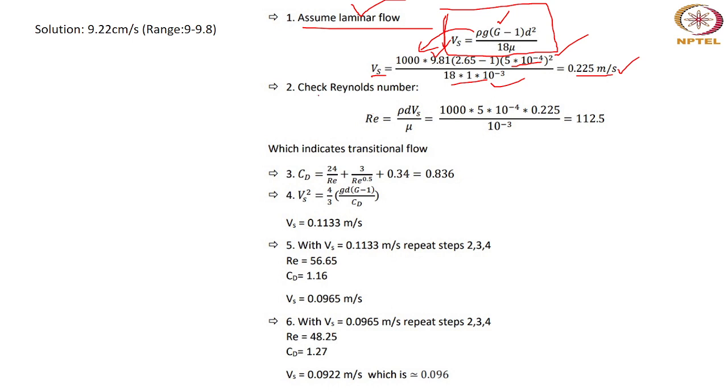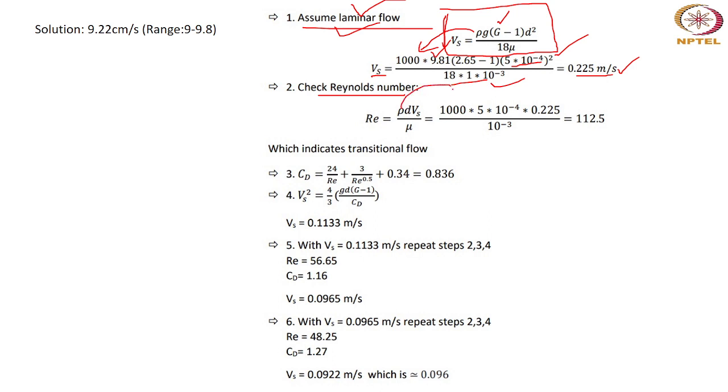And then you have to check the Reynolds number, because our assumption was that it was laminar flow, but it may not be laminar flow. So Reynolds number is nothing but rho d Vs by mu.